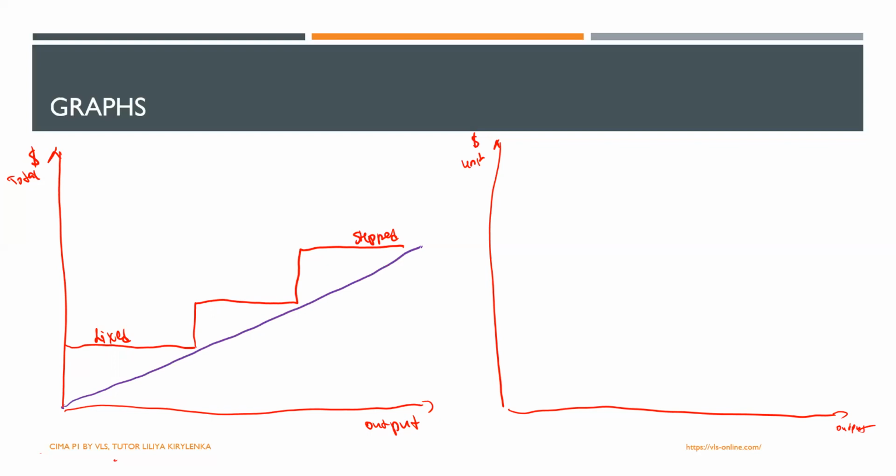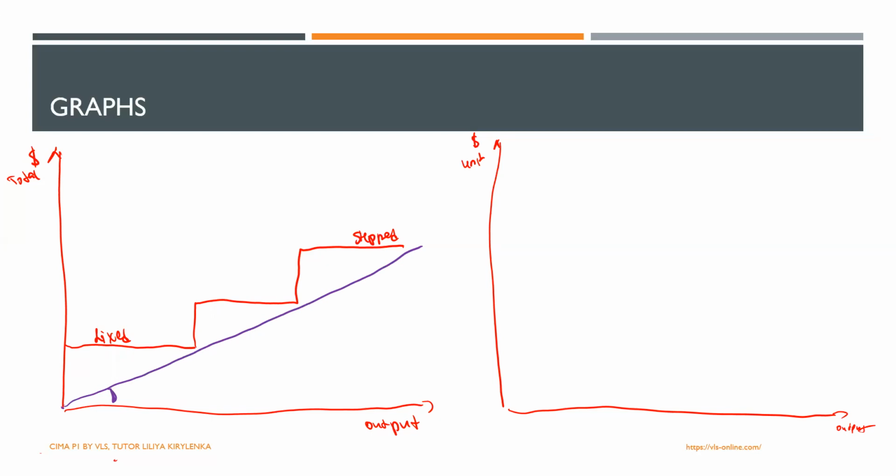So it's going to be an upward slope, and that angle is going to be steeper the higher the variable cost per unit is. But we will look at that in detail when we attempt linear programming. Okay, so this is variable total cost.